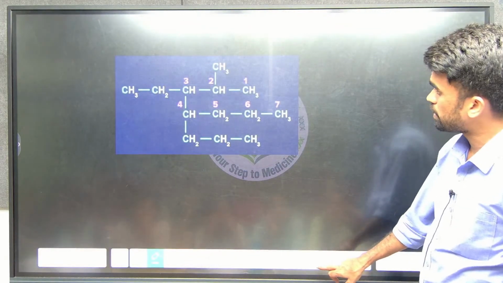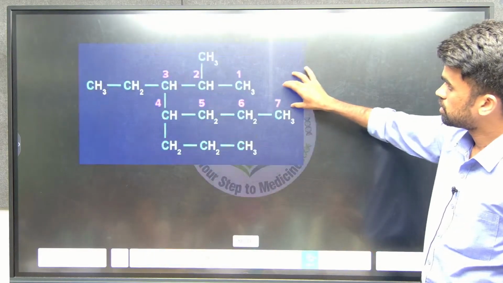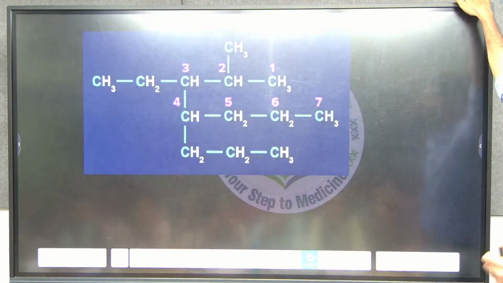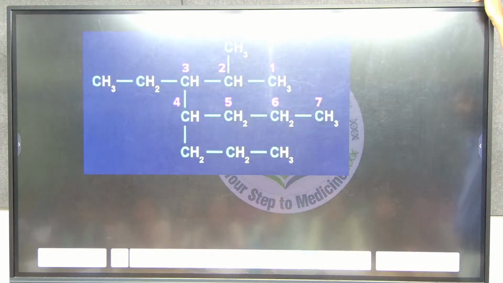Okay, can you write for this? First of all, just check whether that numbering is correct or not. If it is not correct, choose the perfect one. How can we number it properly?